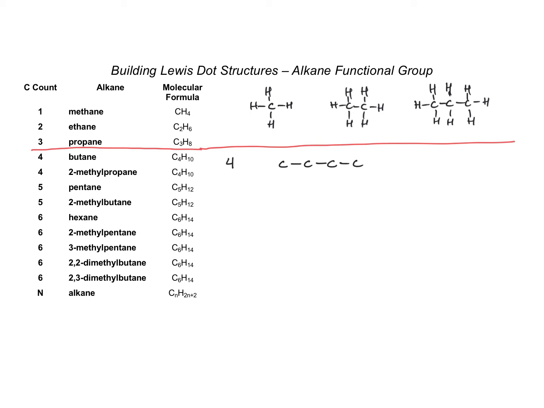So I've written those 4 carbon atoms out. Now I need to write 10 hydrogen atoms. So the terminus has to have 3 because it has 3 open slots. This internal has 2. This internal has 2, and this last terminus has 3. So that's 3 plus 2 is 5, plus 2 is 7, plus 3 is 10. So that gets us our C4H10.